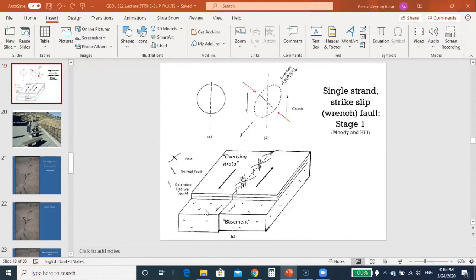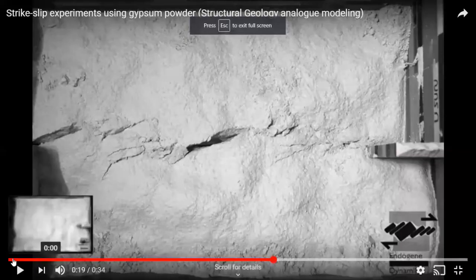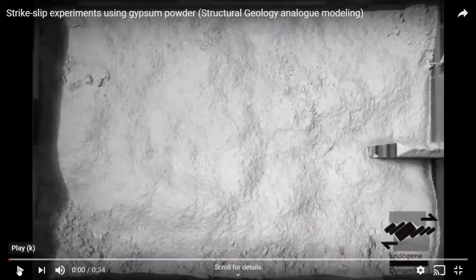As they move this block, the left block, in this direction towards us, and push this right block away from us to create this left lateral strike-slip motion, what they observe is a parallel set of first order and second order fractures form within the strike-slip fault zone. So let's see that in action first, then we can discuss how they form and what orientation they form.